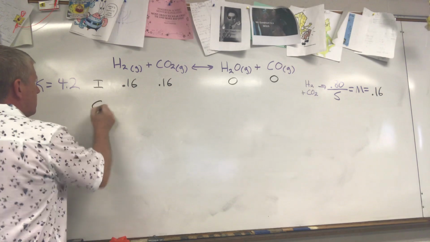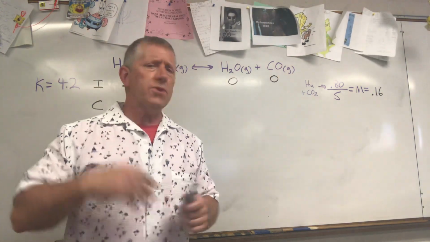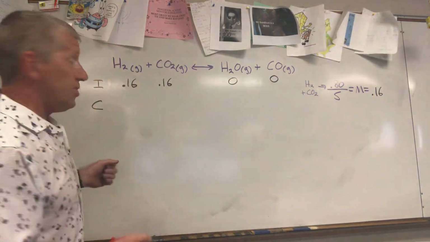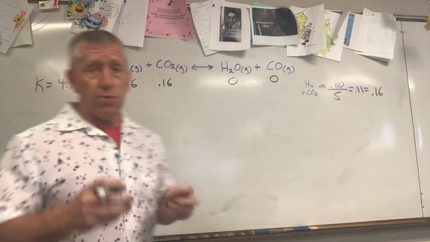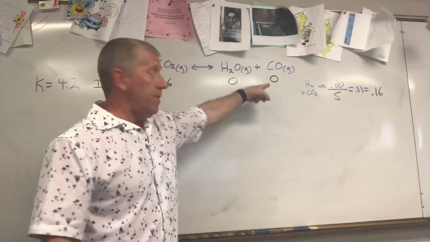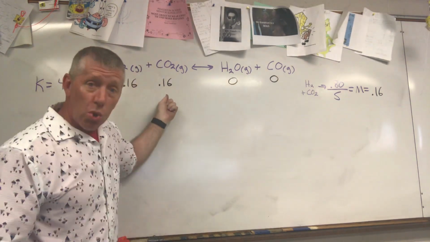C. It's I-C-E, ice. Change. What's going to happen over time? What's the change going to be? Over time, these are going to react with each other, spitting out some of this. So over time, we're going to lose this.